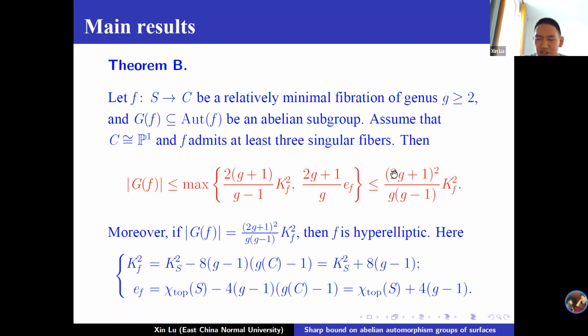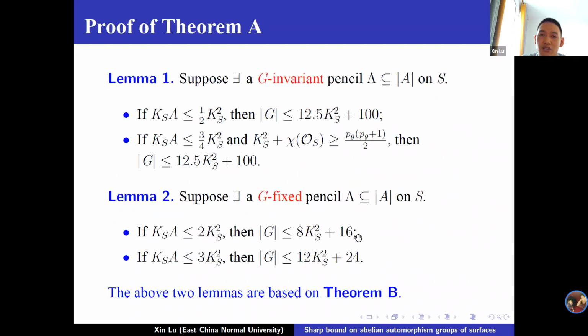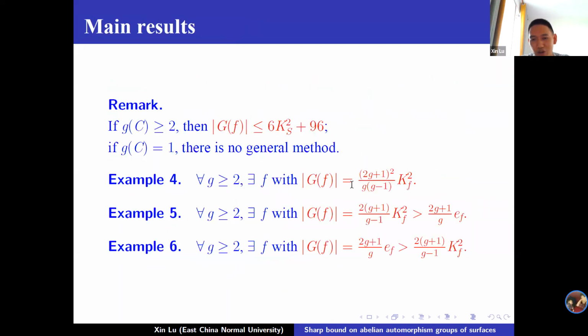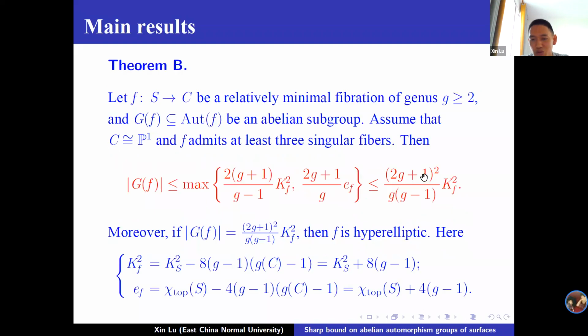And here, if g is large, this is almost 2, and together we get this upper bound with 20.5 times Ks square plus 100. If g is small, then of course, when g is equal to 2, this is the largest possible.